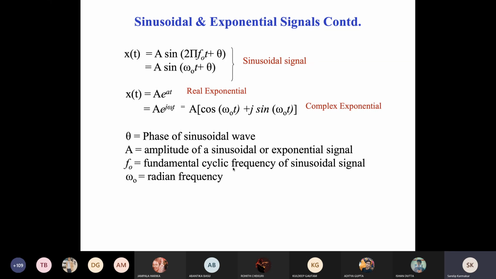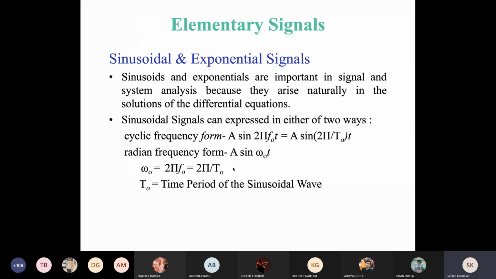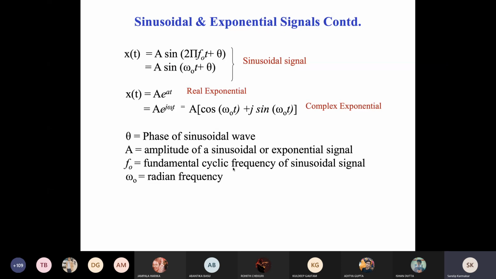This signal is different from the previous signal A sin omega 0 t in that it has a plus theta. This is called the phase of the sinusoidal wave. At t equal to 0, it represents the point from which the sinusoidal signal starts.